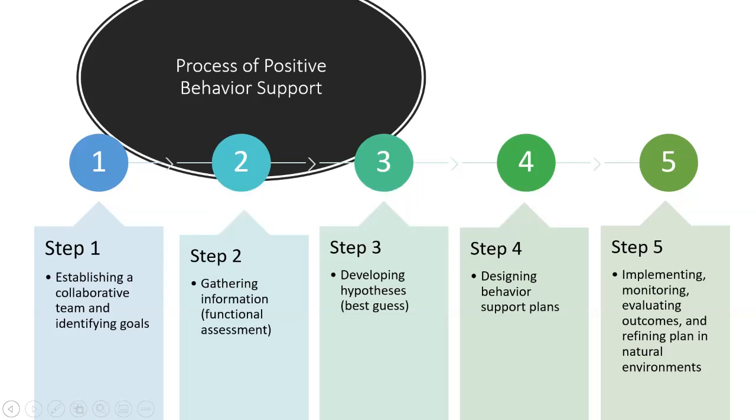Step 5 is implementing the plan, monitoring it, evaluating outcomes, and this is where data comes in. You're going to want to keep some good data to make decisions and refine the plan in natural environments. So this is a 5-step process, and every step is very important.